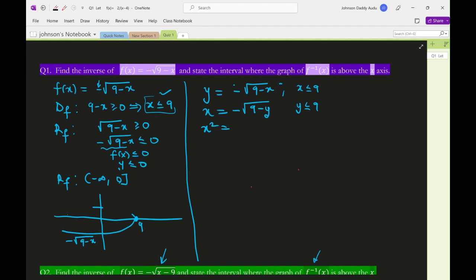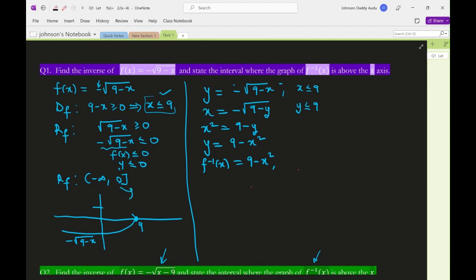If you square both sides, you have x squared equals 9 minus y. So y is just going to be 9 minus x squared. So we have f inverse of x equals 9 minus x squared. What is the condition on the domain of f inverse? Remember, the domain of f inverse is equal to the range of f.